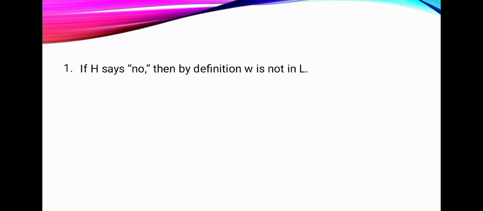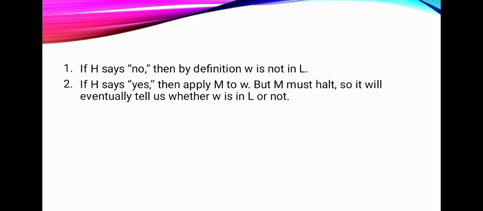So the input string is not in the recursively enumerable language. If H says yes, that is, it halts, then it is a Turing machine. Then the Turing machine must halt, that is, it should have a solution that is yes or no. So it will eventually tell us whether W is in L or not.